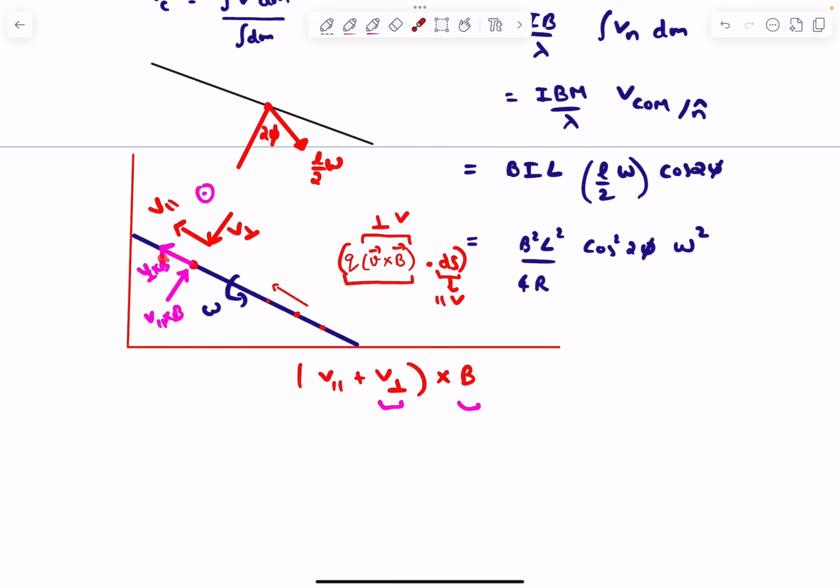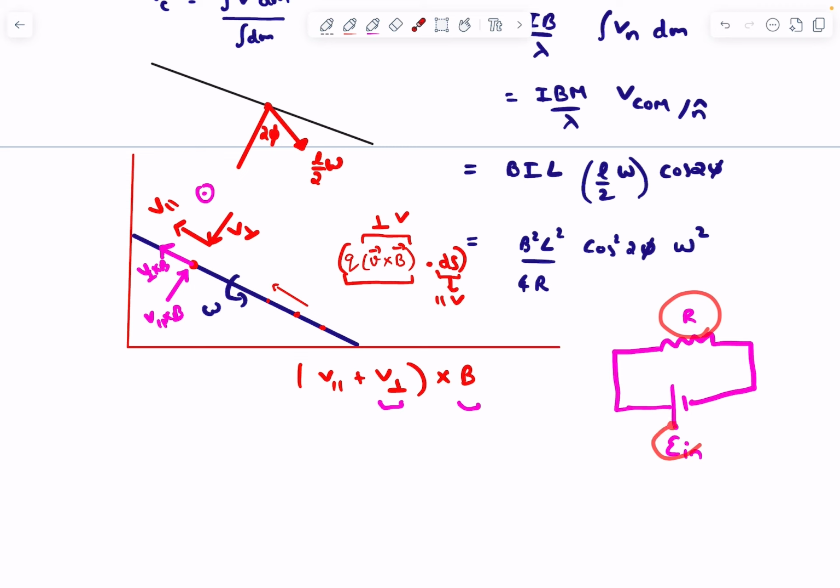Now, because of this force of V perpendicular cross B, how do we calculate its power? Well, we can indirectly calculate it by saying that this will be the power dissipated across the resistor. So if I consider its equivalent diagram, we can consider a battery and a resistor. This is the E induced battery, and the power dissipated across the resistor is equal to E square by R. Power dissipated across the resistor is the same as the power supplied by the battery.